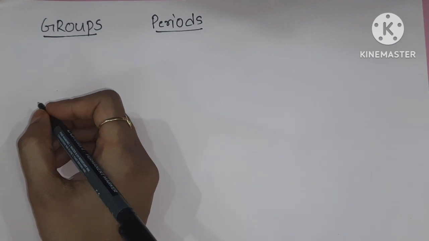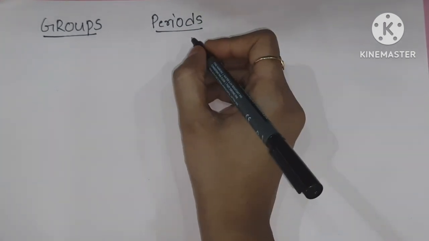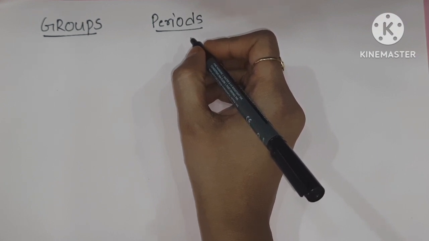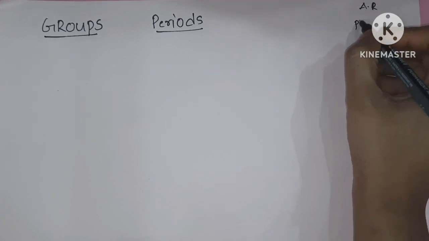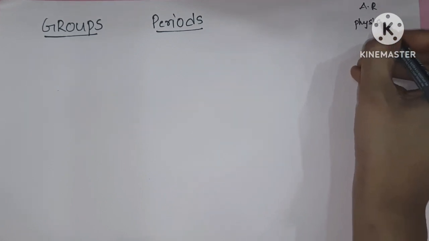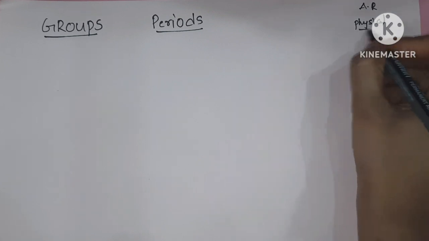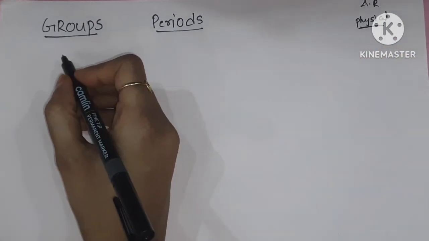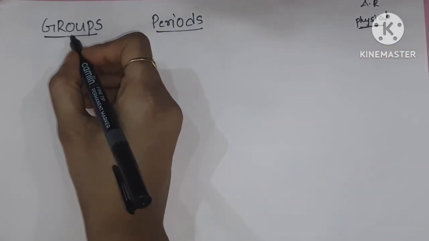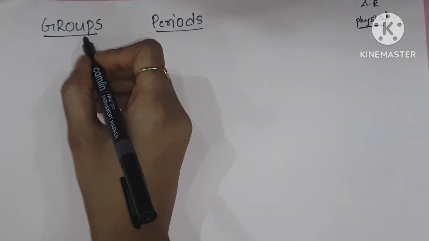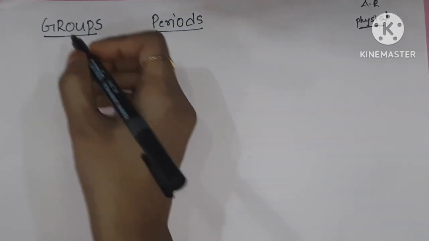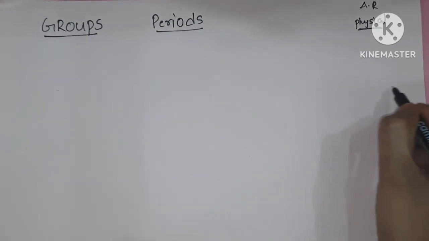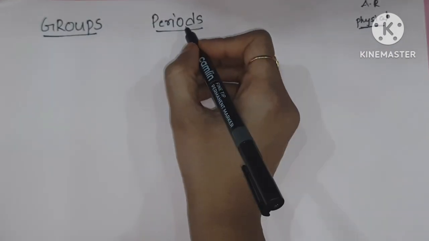Atomic radius changes in groups and periods. We all know this is a periodic trend. Atomic radius is a physical property. Groups means the vertical lines of the periodic table, and the horizontal lines are called periods, right?